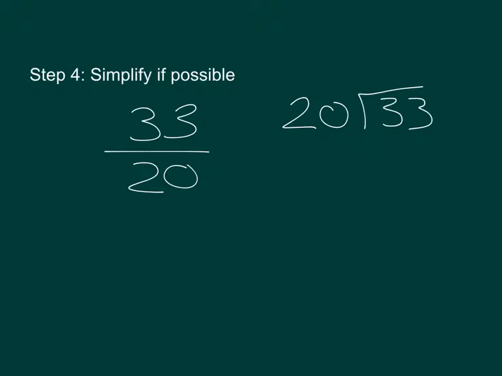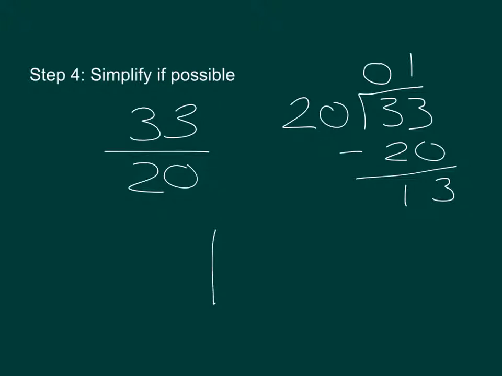And so 20 can't go into 3, but 20 can go into 33 one whole time. 20 times 1 is 20. We subtract: 3 take away 0 is 3, 3 take away 2 is 1.